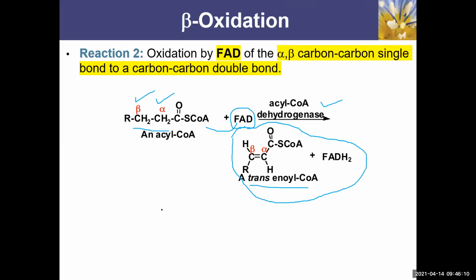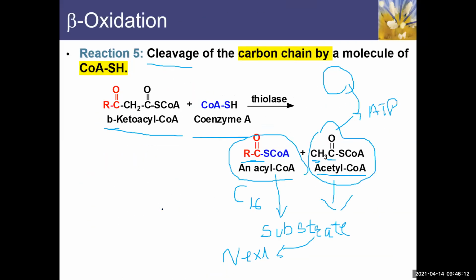So all the steps are going to get repeated in the next round. All the oxidation, hydration, and then again oxidation. What will I have in round two? C14 plus acetyl CoA, isn't it? Yes or no? Because the problem is coming up after this. So tell me if you didn't understand this.